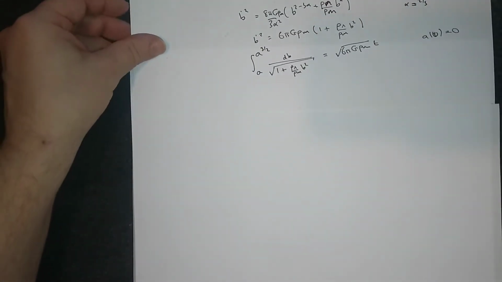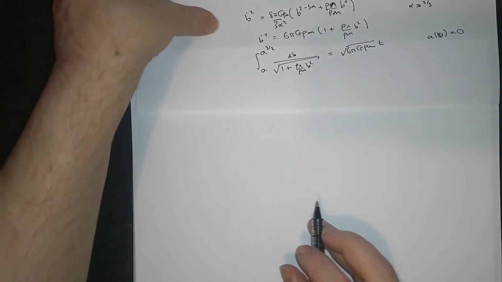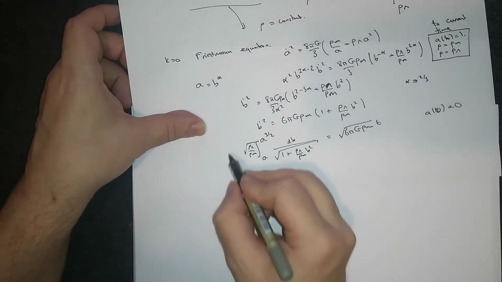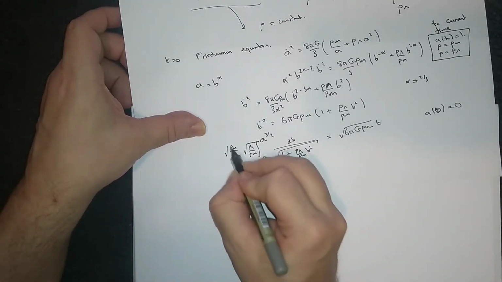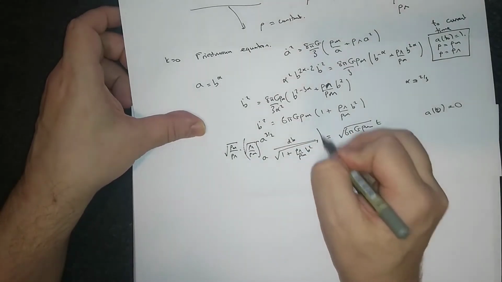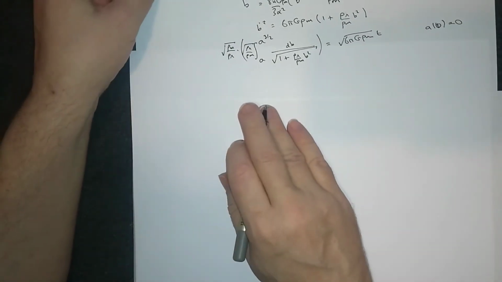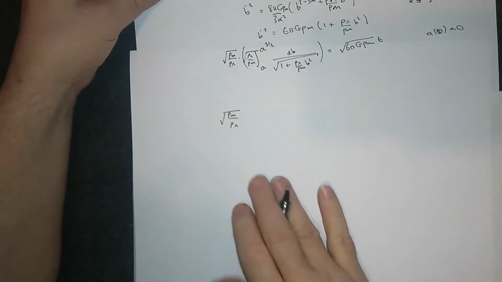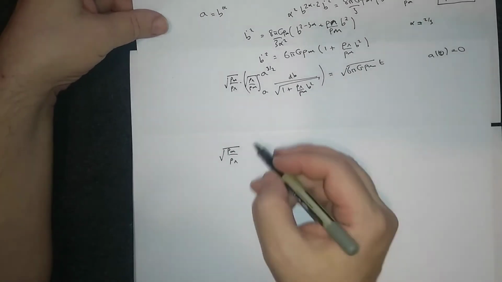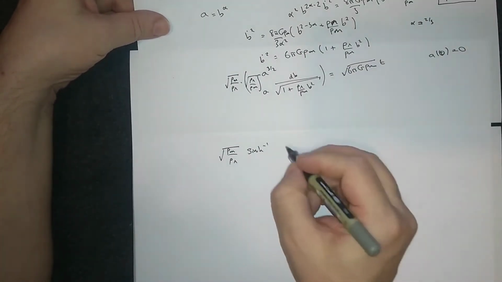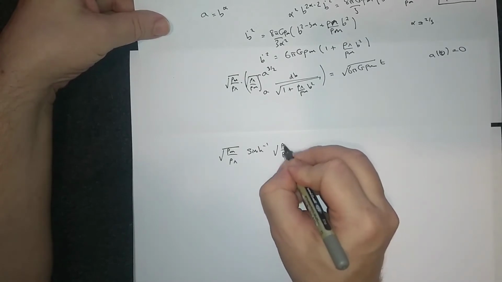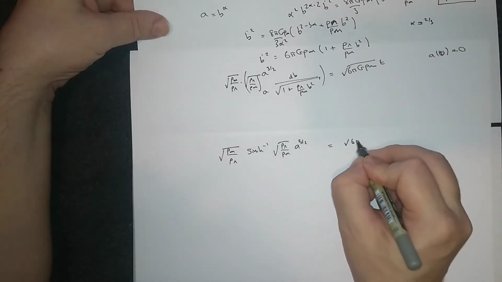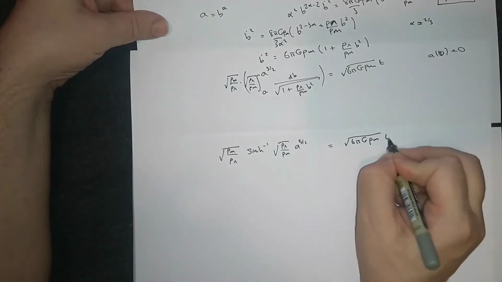Let's now perform this integral. If I multiply by root rho lambda over root rho m and cancel it off there, then that term just gives me the inverse sinh of square root of rho lambda over rho m a to the 3 over 2, which equals root 6 pi G rho m t.